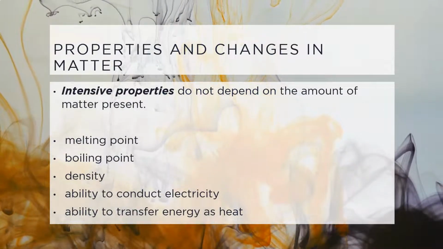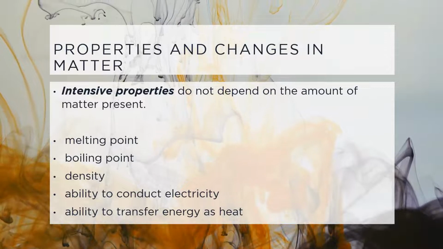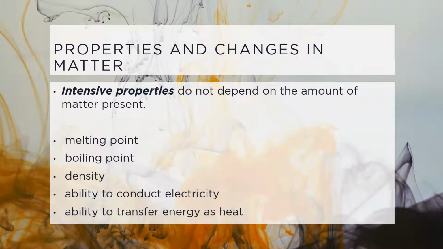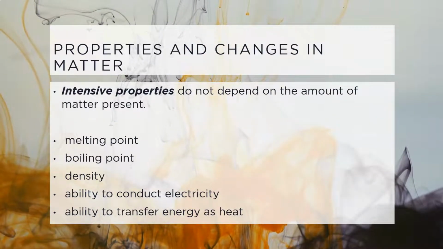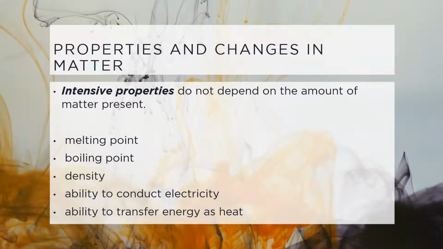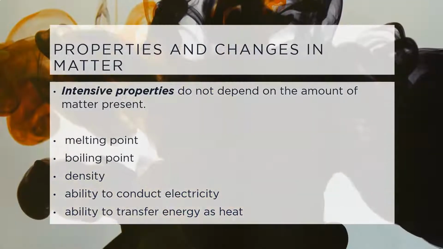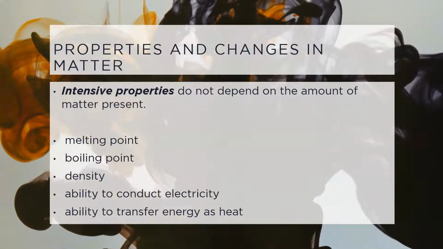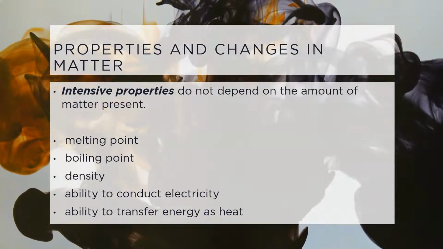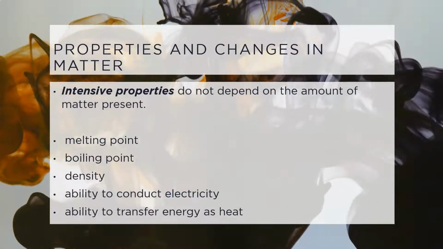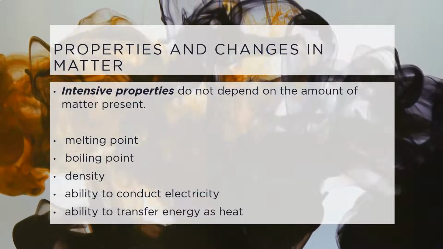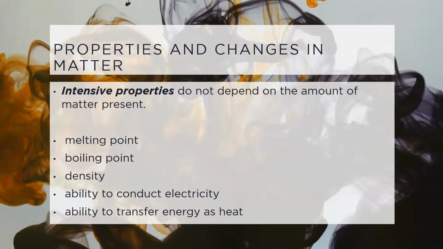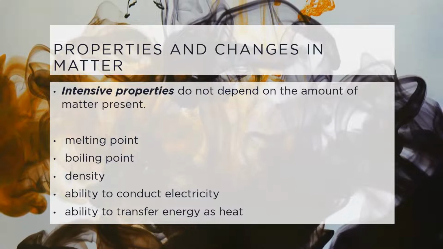Again, these ideas of copper, water, or any other pure substance, sucrose, carbon dioxide, they're all going to have a specific density. I should be careful. Carbon dioxide is going to be dependent on temperature, but most solids, liquids, they're going to have a particular density that's associated with them.